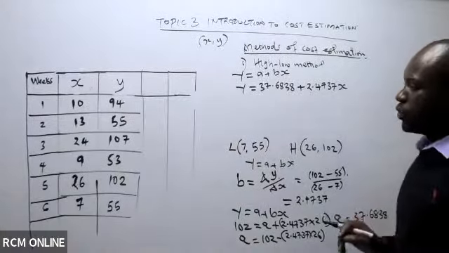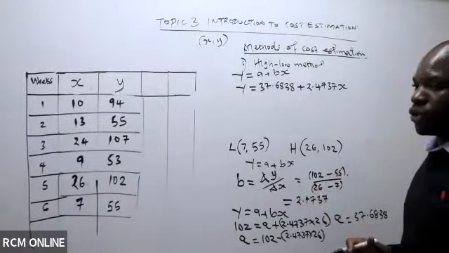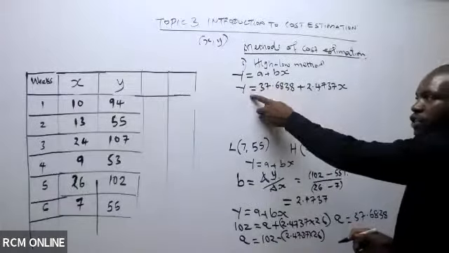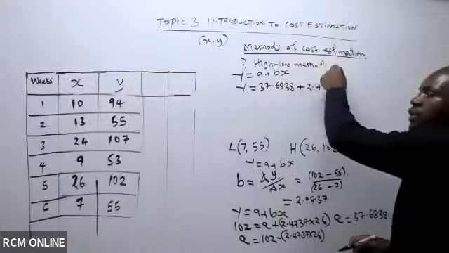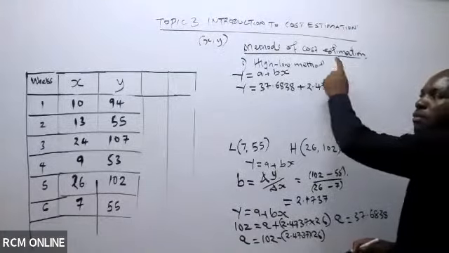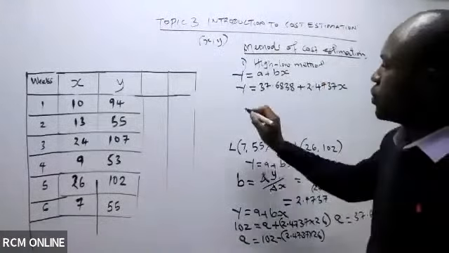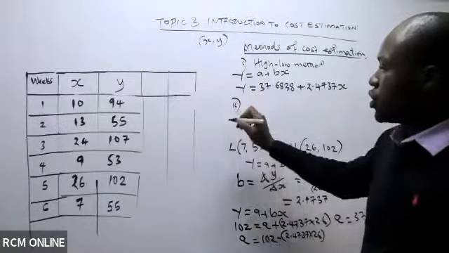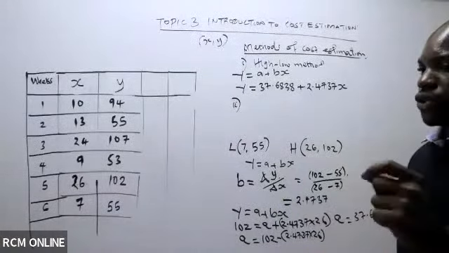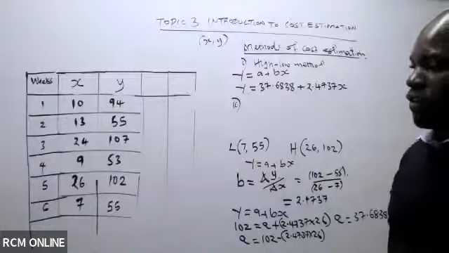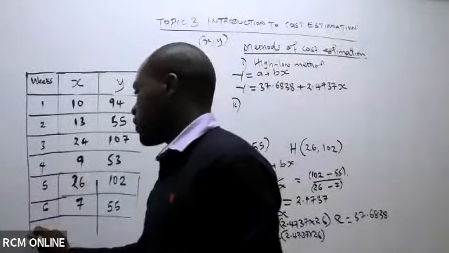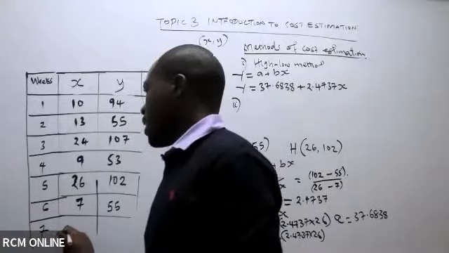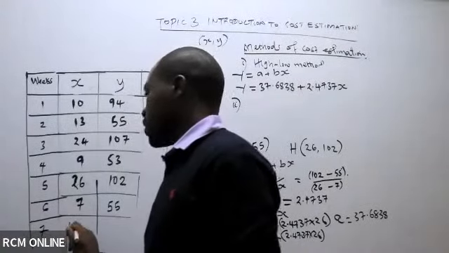The first part will be told to give us the cost function in the form of y equal to a plus bx using the high-low method. That is Roman 1. In Roman 2, you'll be told to give us total production cost, given that the estimated units in week 7 are 15.